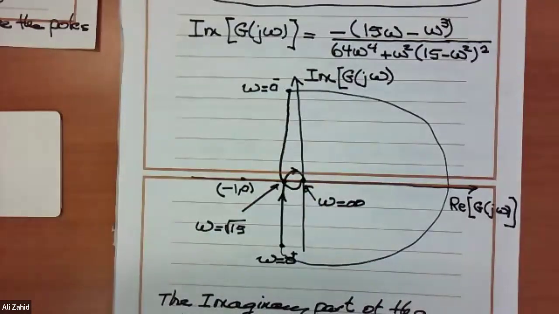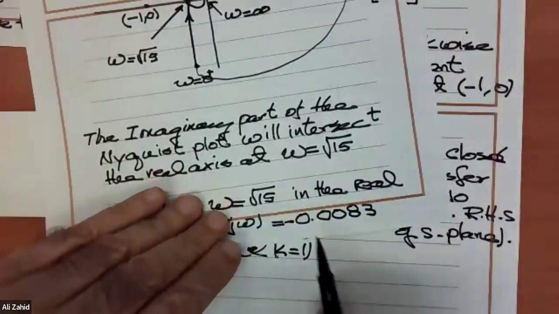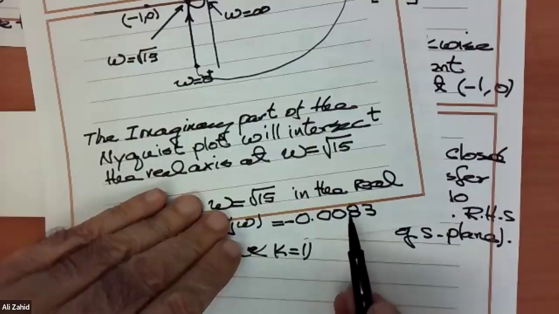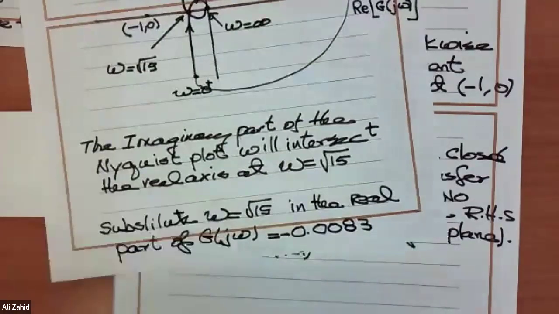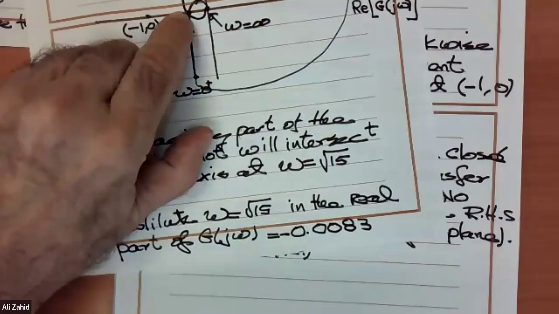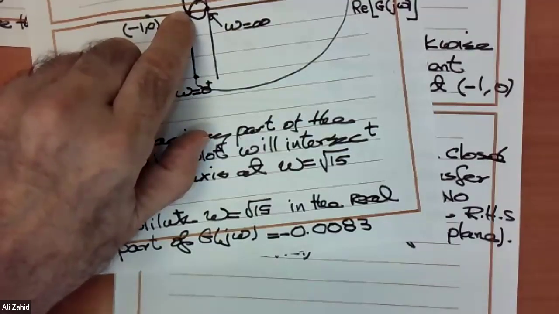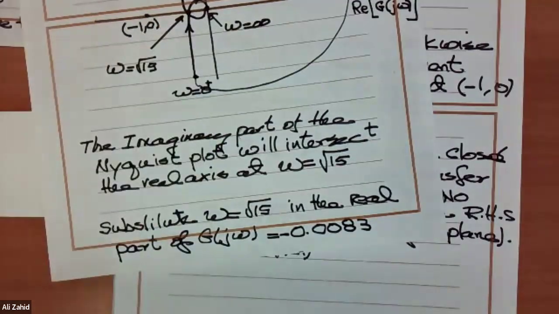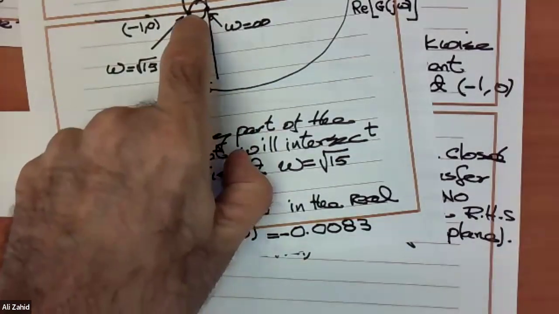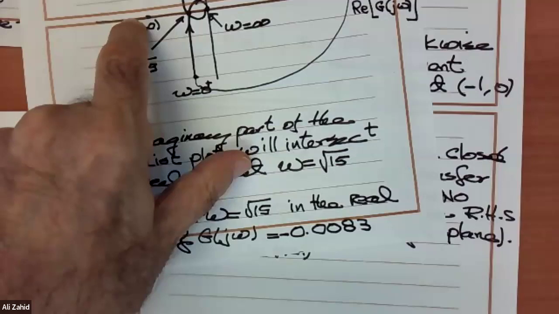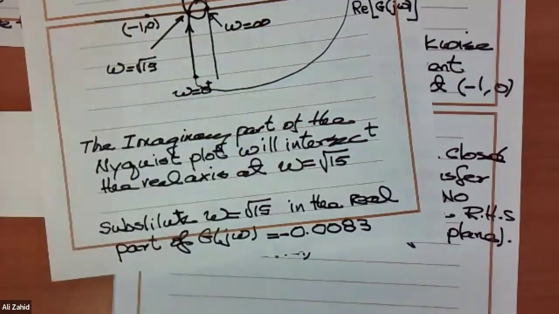What did we find here? 0.0083. This point here, 0.0083. If you scale it by k, eventually the point will go where? Here. Did you get it? Makes sense.